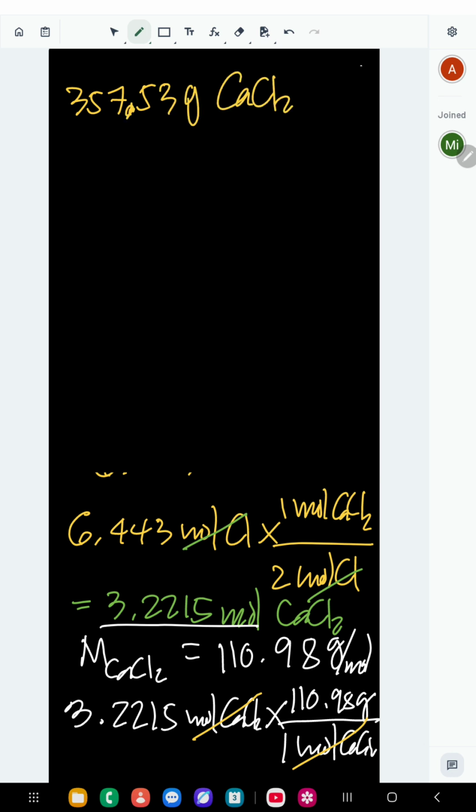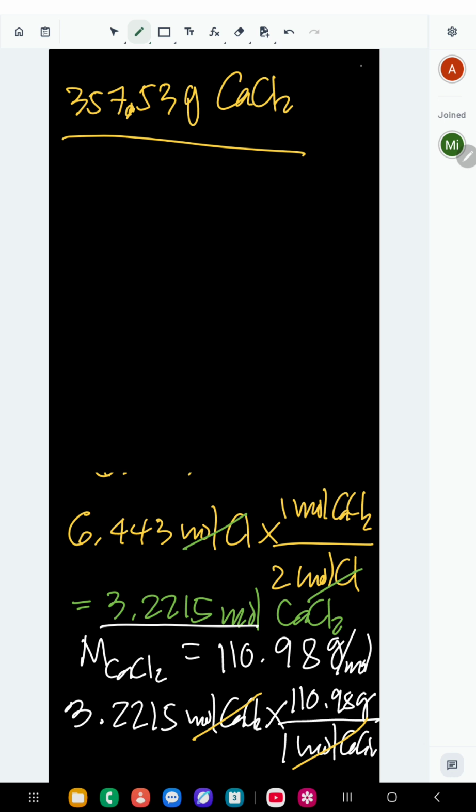Okay, so now we already have the mass. We are asked for the milliliters, but we're given here 17.3% by mass CaCl2. So we divide this by 17.3%.